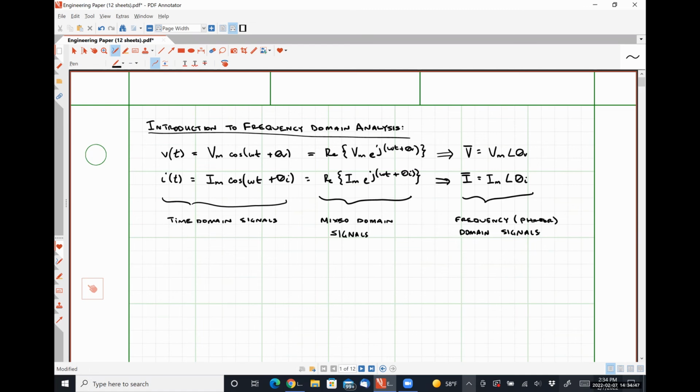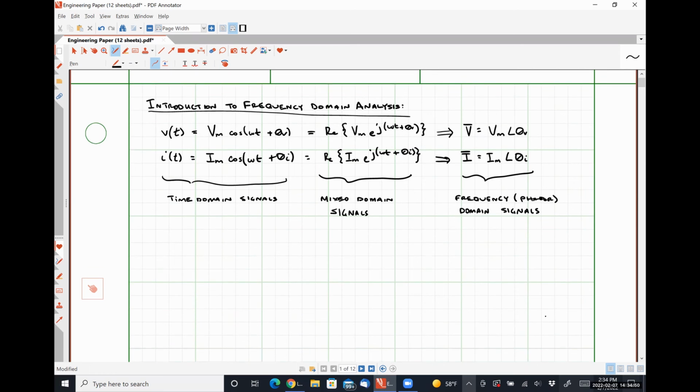So if we want to talk about frequency domain analysis, we have to get used to converting from the time domain into the frequency domain. So let's work a couple of simple example problems here. Let's say that I have a voltage v of t is equal to 8 cosine 5t plus 12 degrees volts, and I want to get the frequency domain representation of this voltage.